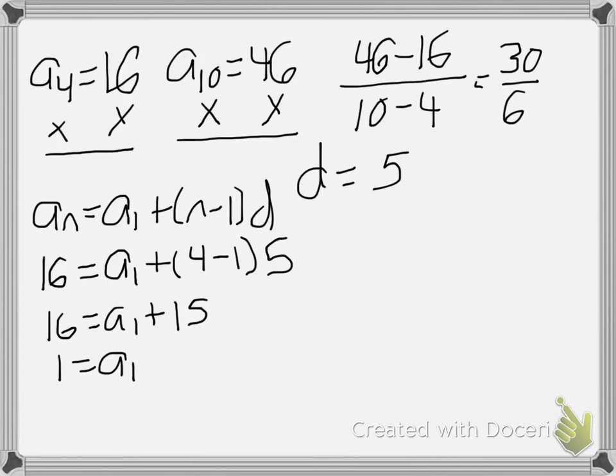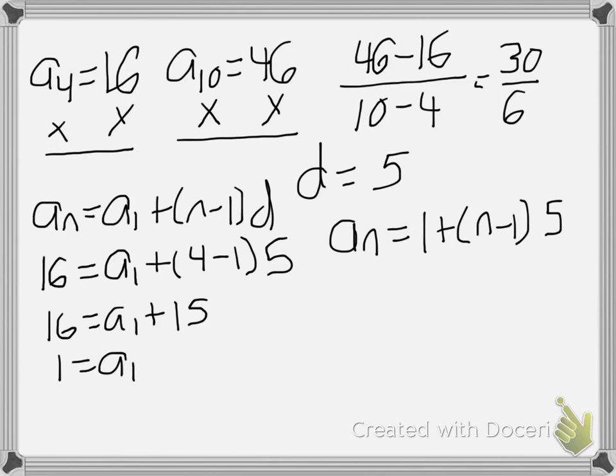All right, so now we've got to write our formula. a sub n equals 1 plus the quantity n minus 1 times 5.